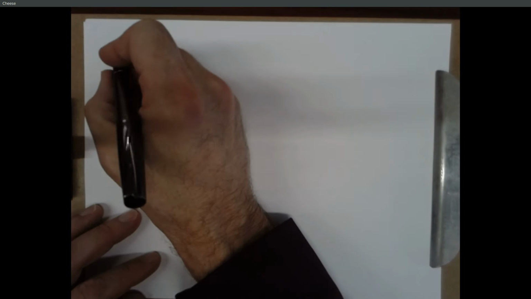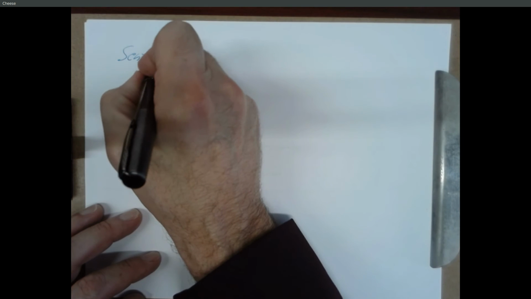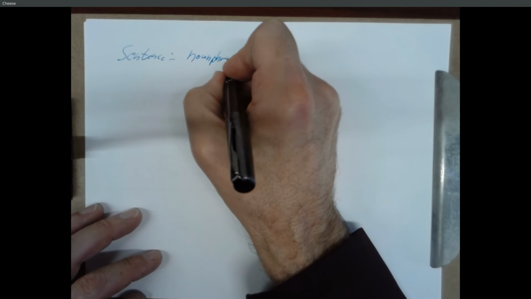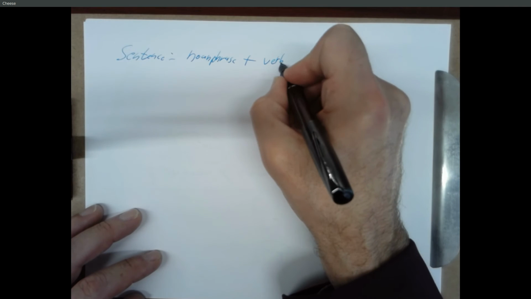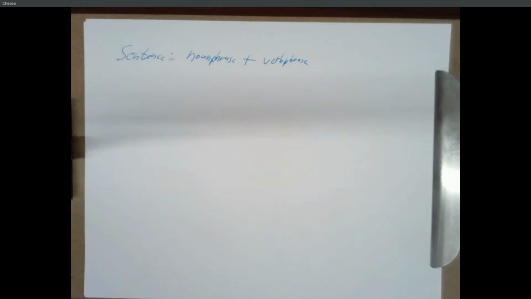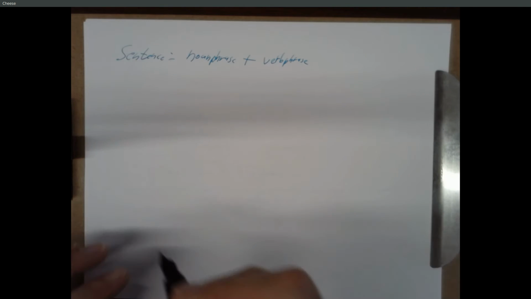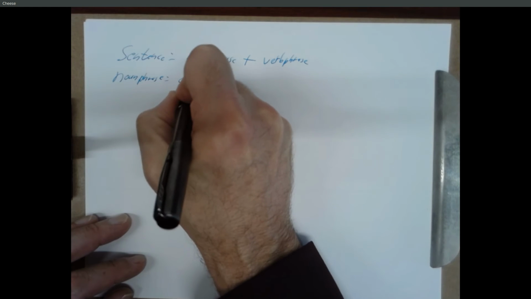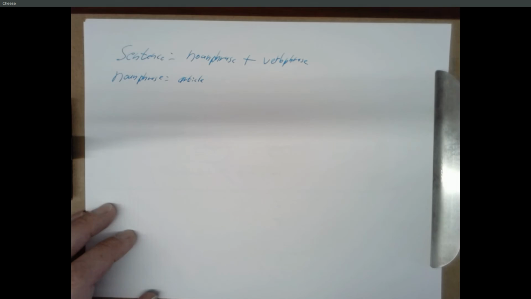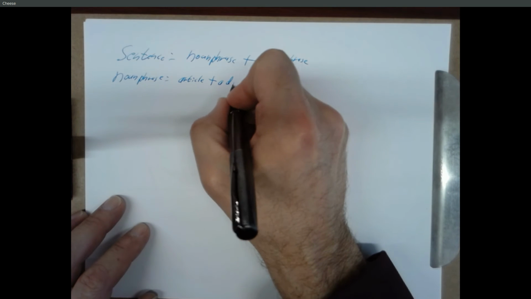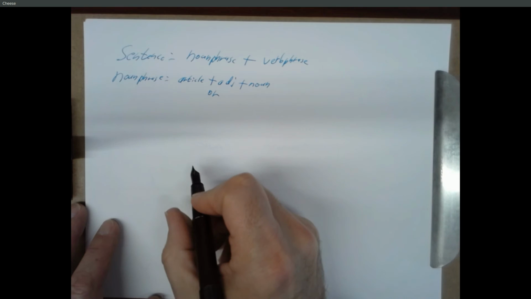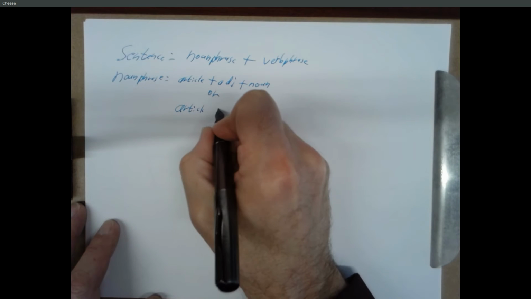Let me give you a simple example of a description of an English sentence. So a sentence might be a noun phrase plus a verb phrase. And a noun phrase might be an article, the, for example, plus an adjective plus a noun, or it might be just an article plus a noun.